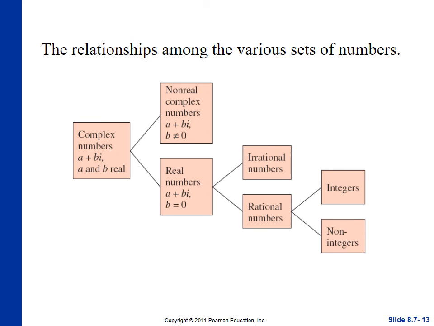And then inside real numbers, we have irrational and rational numbers. And under rational numbers, we have integers and non-integers. And then under integers, you'd have whole numbers. And then under whole numbers, you have natural numbers. So that's today's conversation.